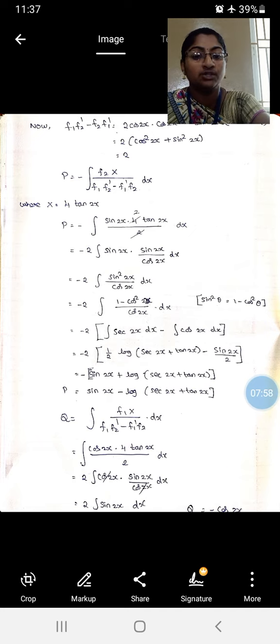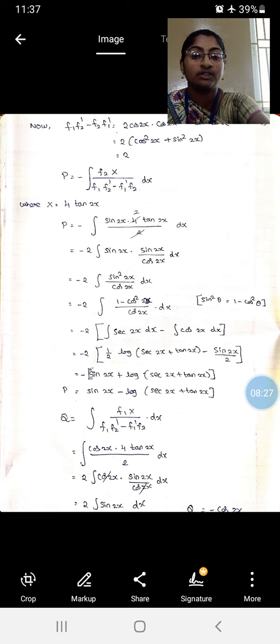Cancel 2 and 4, it is divisible by 2, take 2 as a common, so integral cos 2x into the value of tan 2x becomes sin 2x by cos 2x into dx. Cancel both cos 2x, so integral sin 2x into dx will remain, so q equals minus cos 2x, since the integral of sin 2x is nothing but minus cos 2x.